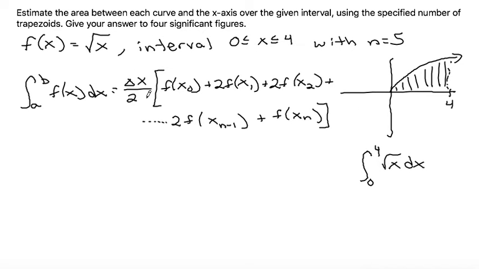Here delta x is equal to b minus a over n, and we divide our interval from a to b into n subintervals.